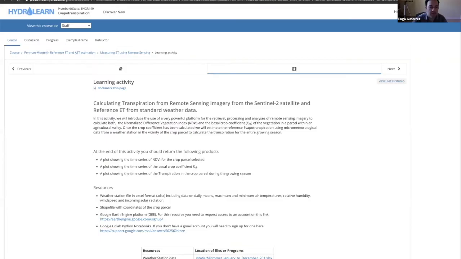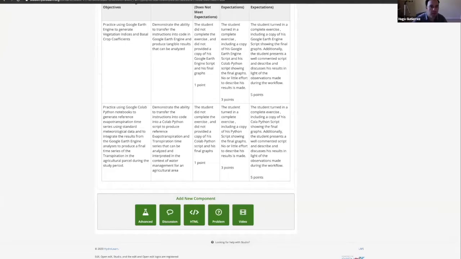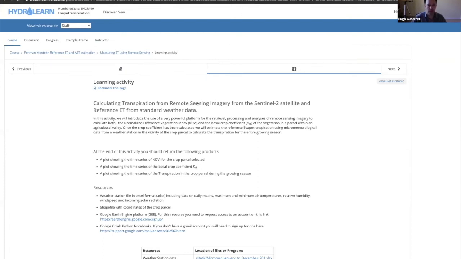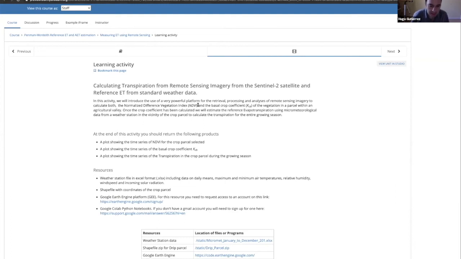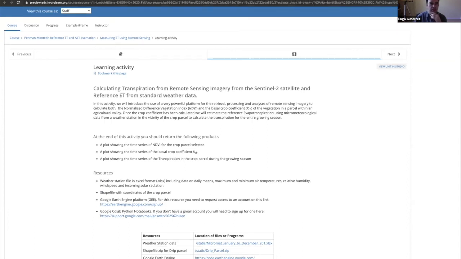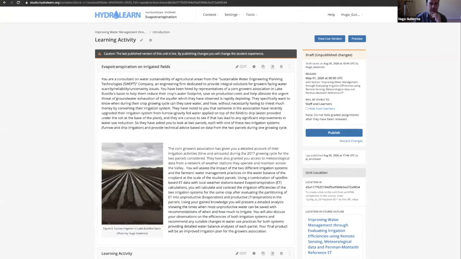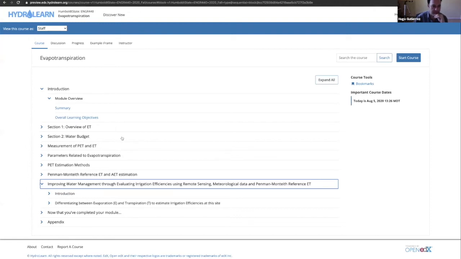Now let me share my screen and okay, I will talk about this. The idea of the last sections of the module is to let me see if, can you guys see my screen? Yes, there you go. So as you can see, the module has different sections.